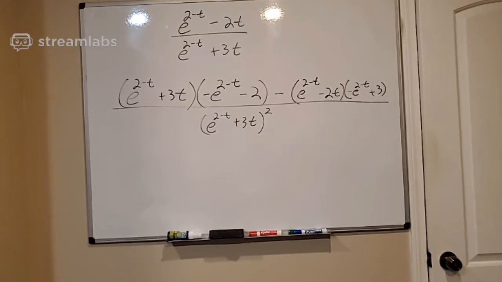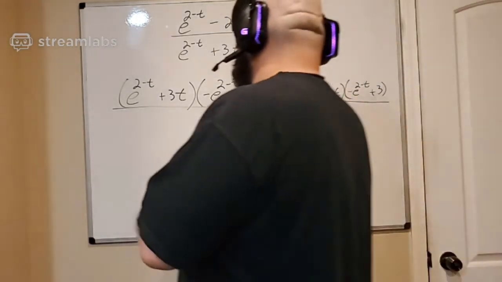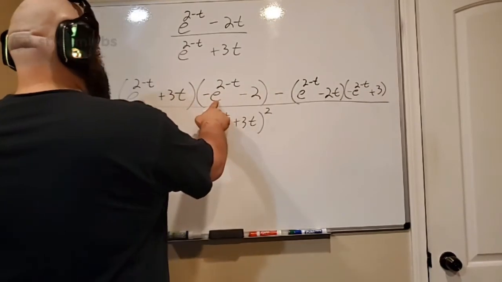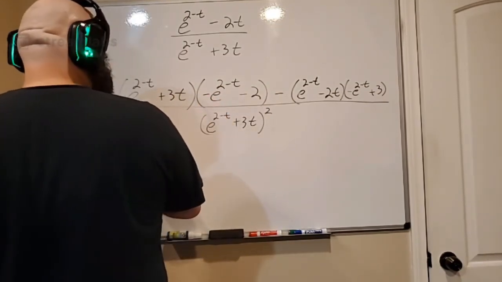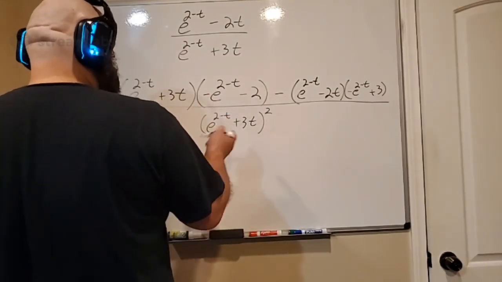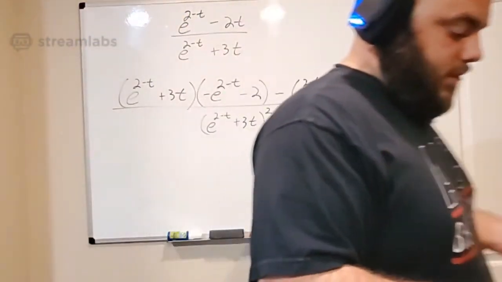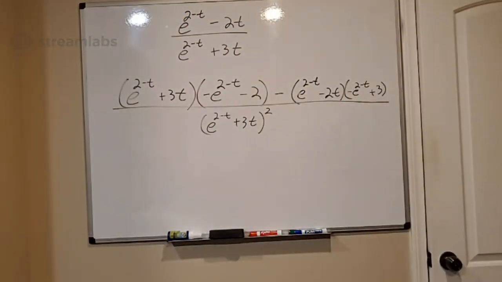Yeah, I need help with that because I just couldn't get the coefficient. Hold on, what does their answer look like so I know which direction I'm going? So it's just going to boil down to some e to the 2 minus t's.